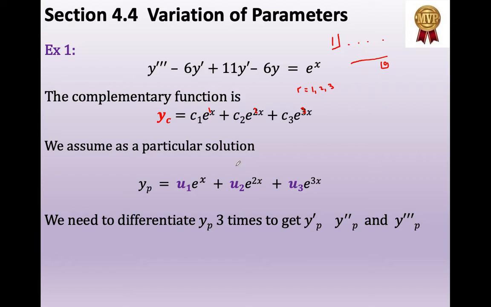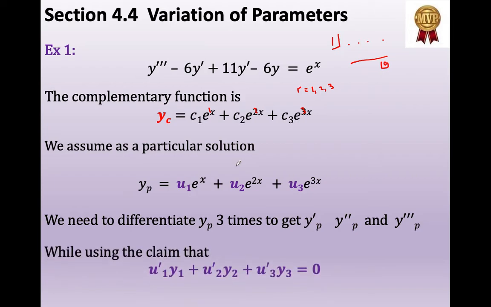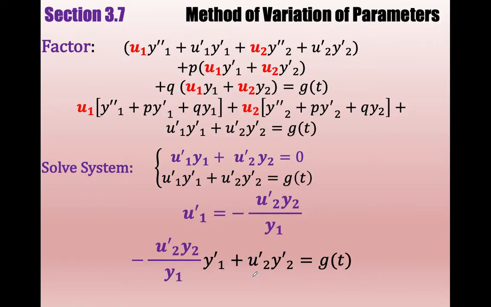Only this time, notice I have to differentiate all the way to get the third derivative. But this time I'm going to use a very similar claim a couple of times as I go through differentiating, to keep the number of derivatives down, and so that I have a manageable equation.